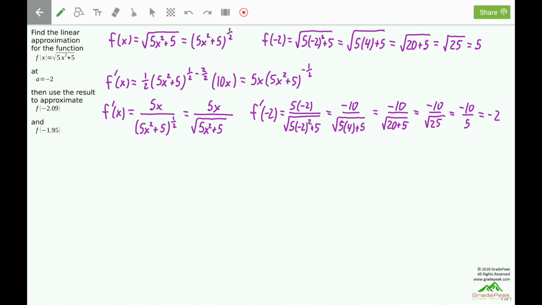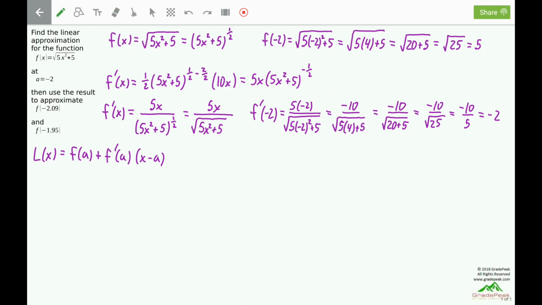The formula for the linear approximation L of x is f of a plus f prime of a times x minus a.